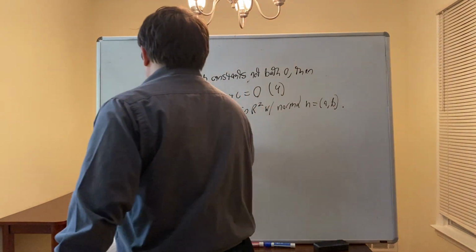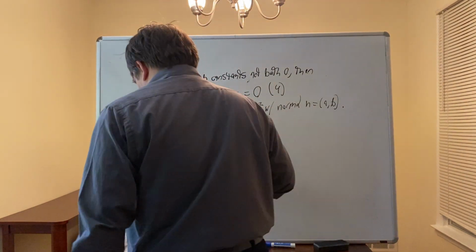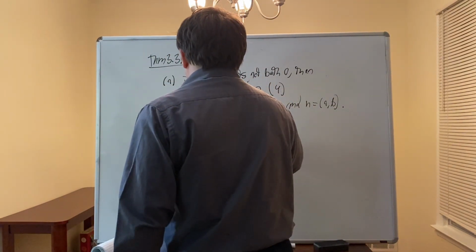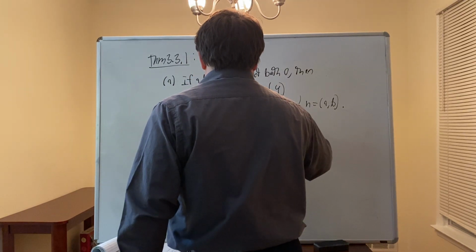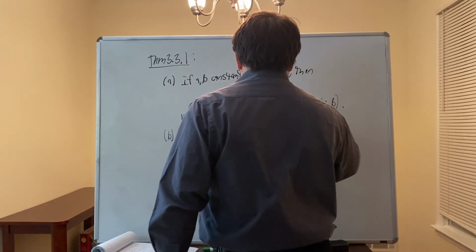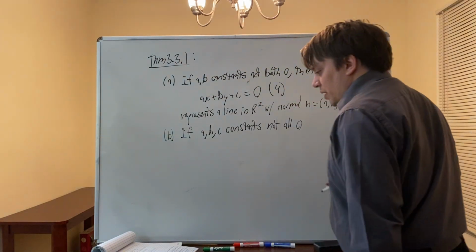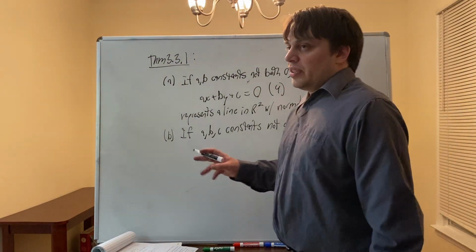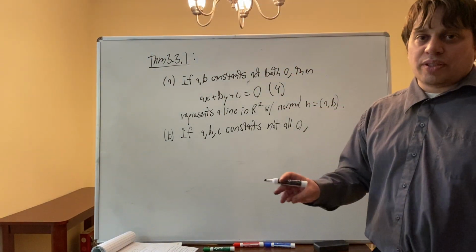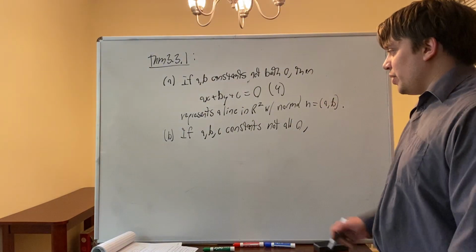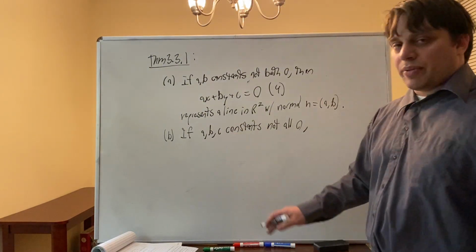Okay, B: if A, B, C are constants, not all 0. So some of them can be 0, but the condition is not that none of them can be 0. The condition is that they all can't be 0. So if A and B were 0 and C was 5, that would be fine.